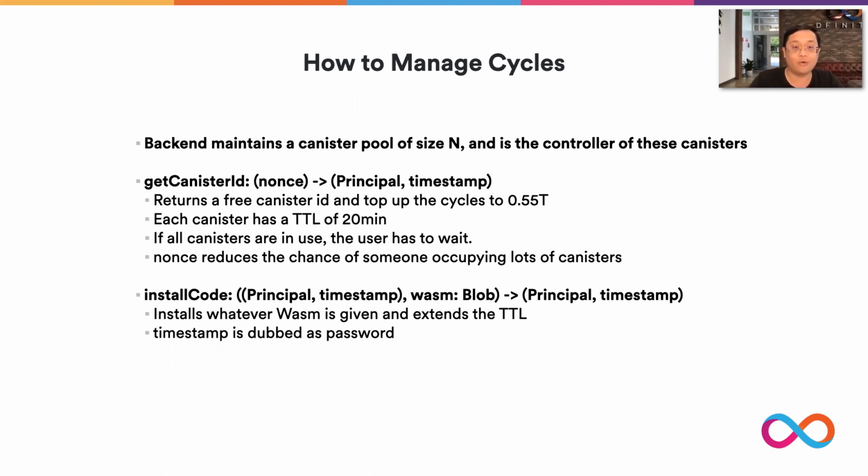So here we require both the principal ID and the timestamp in order to install a new WebAssembly module. The timestamp here is dubbed as a password. So only the owner will know the timestamp, and only the owner can install new code for this canister.